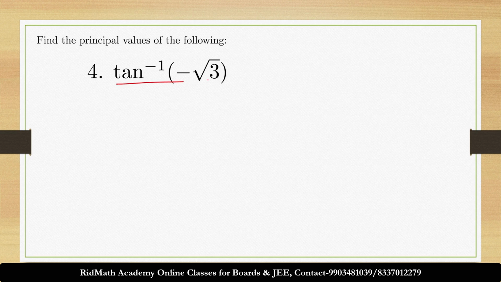So next problem, tan inverse minus root 3. If x is less than 0, then tan inverse x lies between minus pi by 2 to 0. Okay, so this is a negative angle.